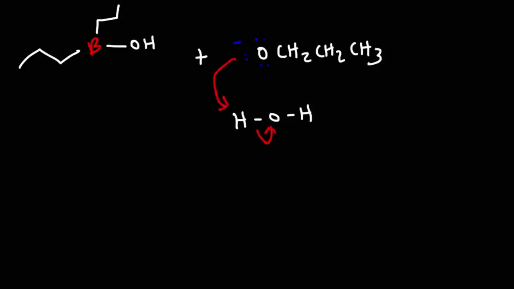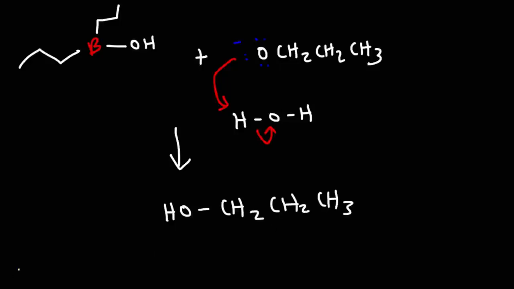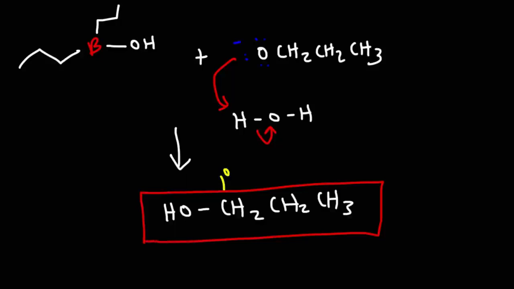So once it's protonated by water under basic conditions, then we're going to get our desired alcohol. And as we can see, the OH group is on the less substituted primary carbon. So that's how we could show the mechanism for the formation of 1-propanol from propene using the hydroboration oxidation reaction.